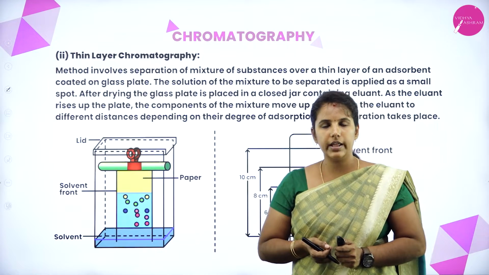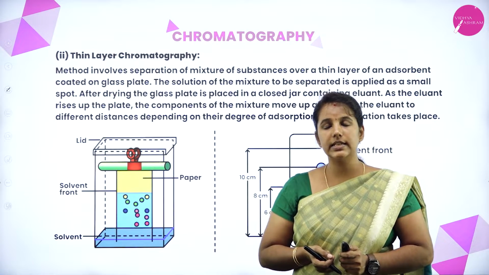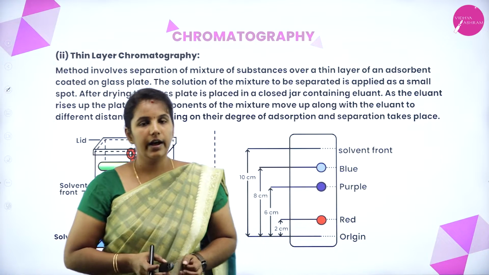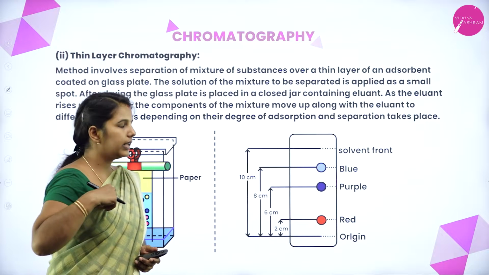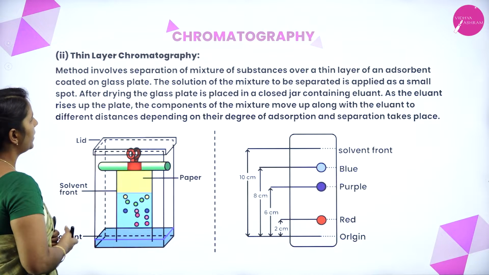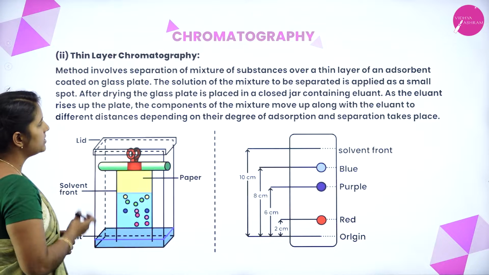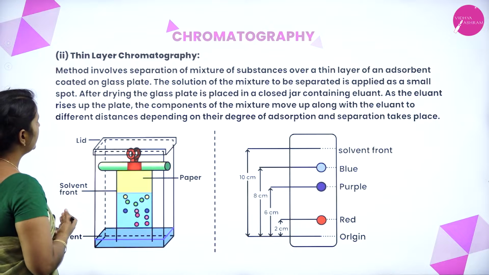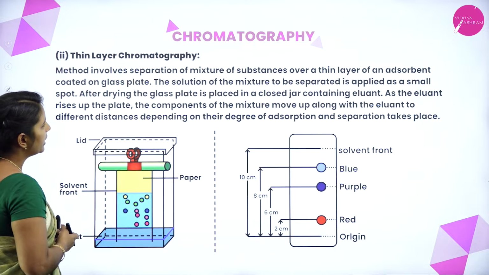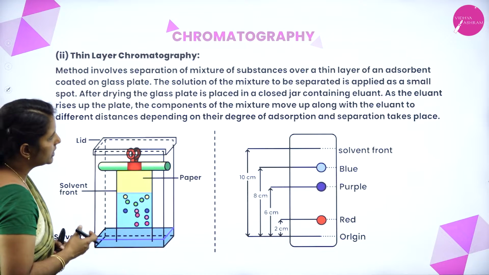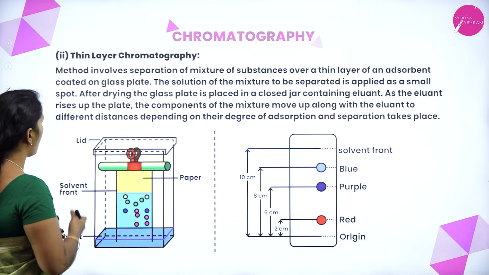Next, we have one more technique in chromatography, that is thin layer chromatography. What is meant by thin layer and how is the technique done? Let us understand now. This method involves the separation of a mixture of substances over a thin layer of adsorbent coated on a glass plate, and the solution of the mixture is applied as a small spot.